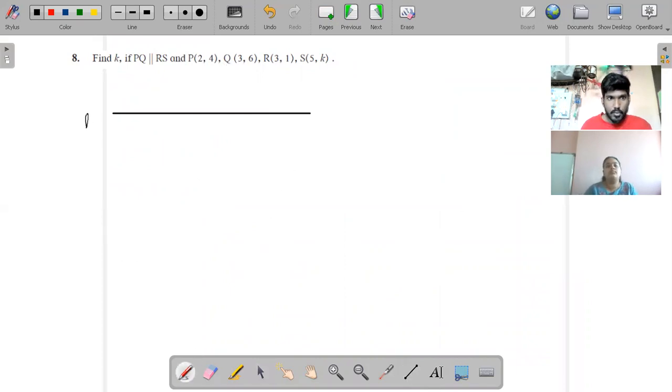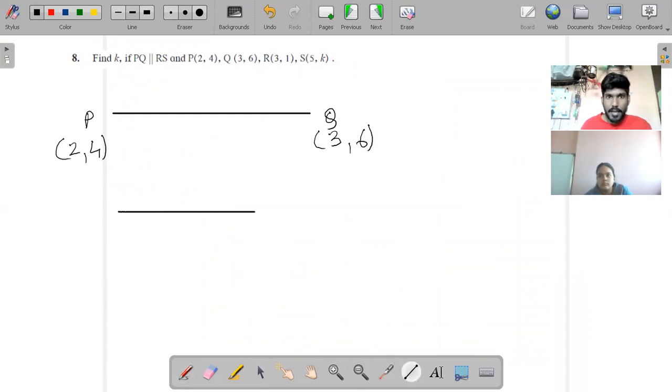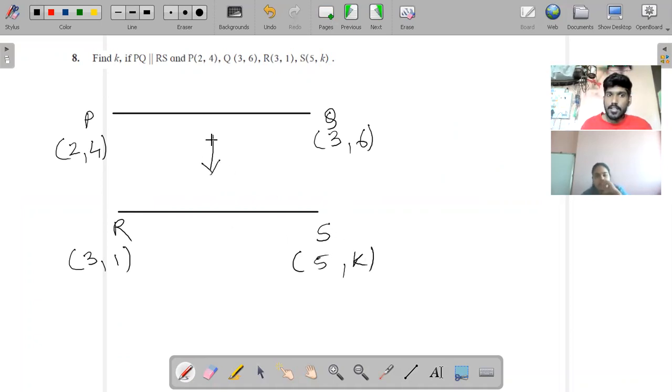First is PQ, and coordinate of P is 2, 4. Coordinate of Q is 3, 6. And then they're saying that PQ is parallel to another segment, that is RS. Now coordinates of R is 3, 1, and coordinate of S is 5, K. They are saying that these two lines are parallel to each other, then find out the value of K. Is the question clear? Yes.